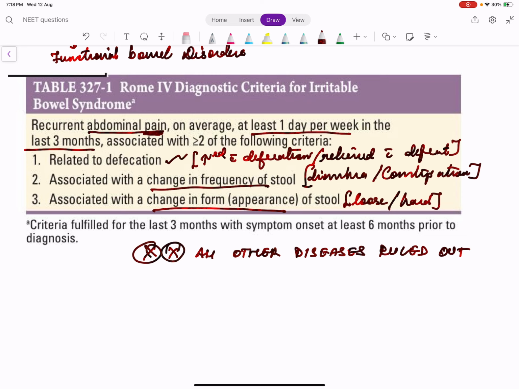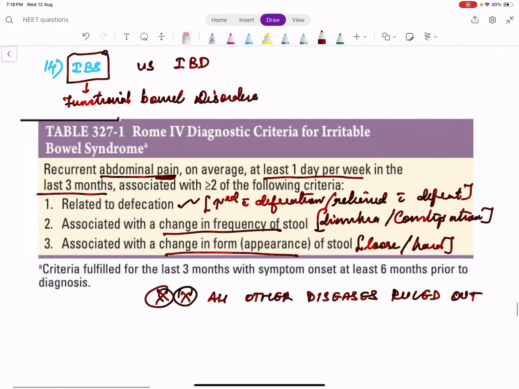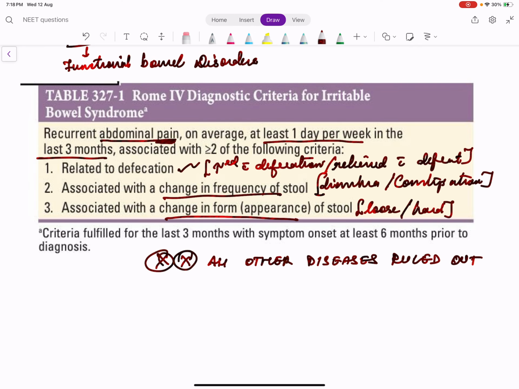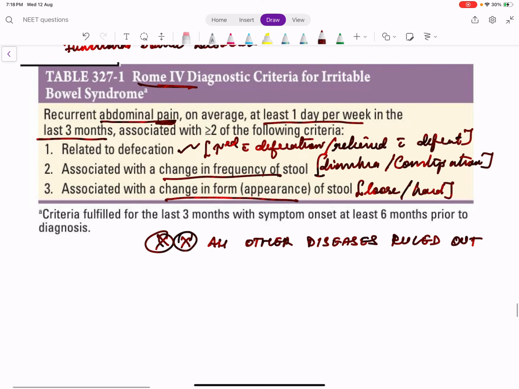So if a person comes with diarrhea, don't label them as IBS directly. We have to do a complete evaluation. We have to rule out infections. We have to rule out celiac disease. We have to rule out tropical sprue, small intestinal bacterial overgrowth, ulcerative colitis, Crohn's disease. Once all are ruled out, patient fits the criteria of Rome 4, then it is called as IBS.